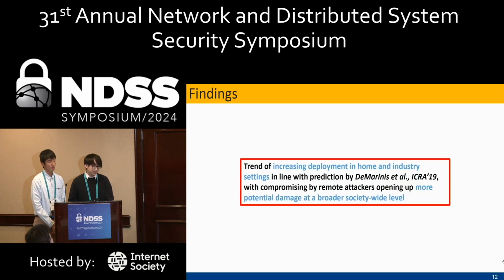With this, we see an overall trend of increasing deployment of robotic vehicle systems, especially with types like cleaning robots in home and industry environments, in line with the prediction that was made in Demarinis et al. With the potential compromising of these systems by remote attackers, this opens up more potential damage at a broader society-wide level than before.